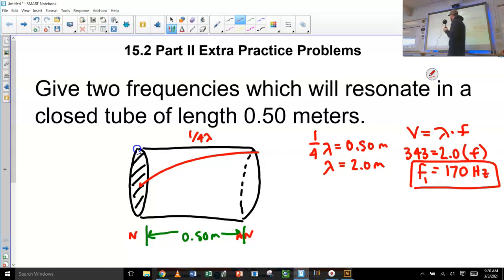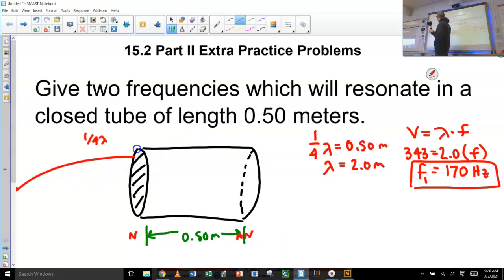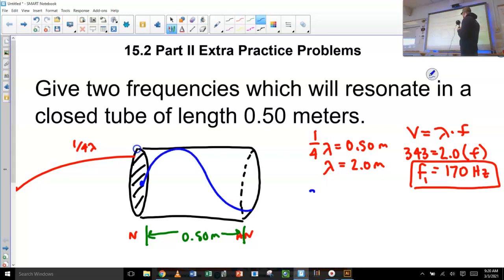The second frequency is 3/4 of a wavelength. So I have my node and then this. So 3/4 of a wavelength is equal to 0.50 meters.